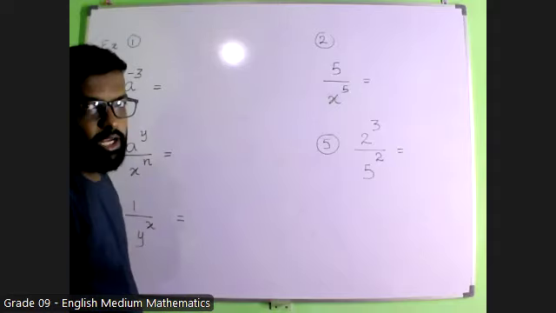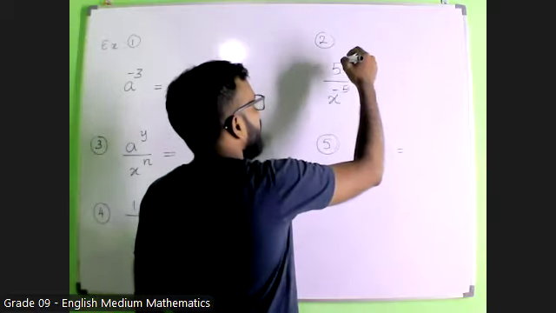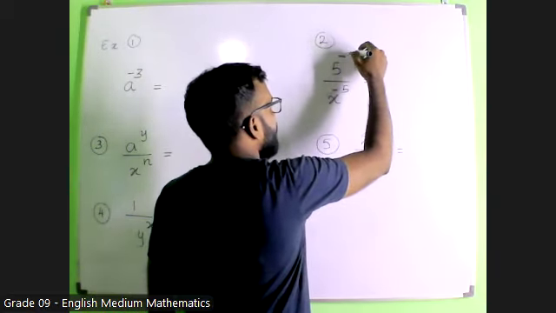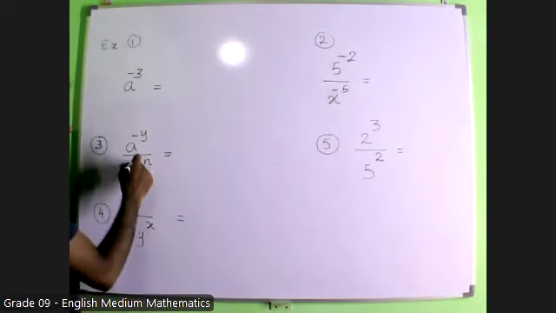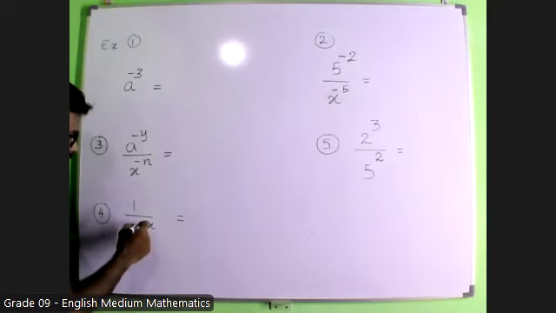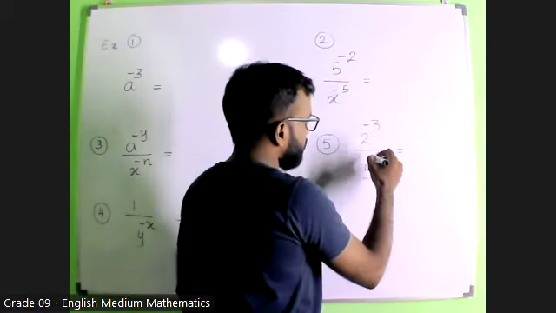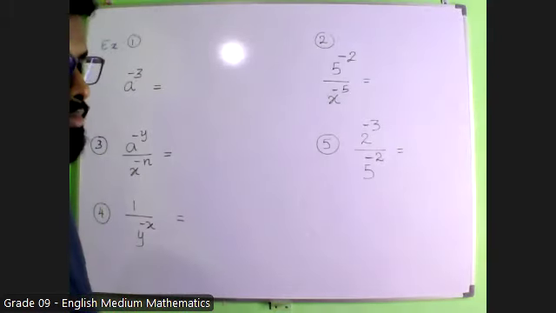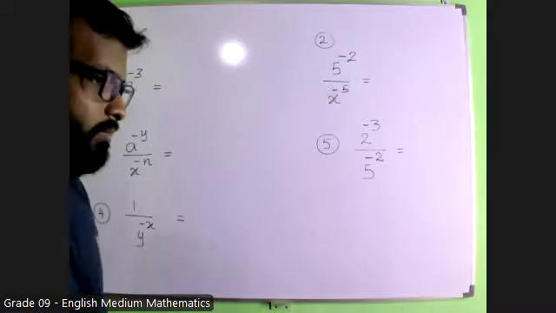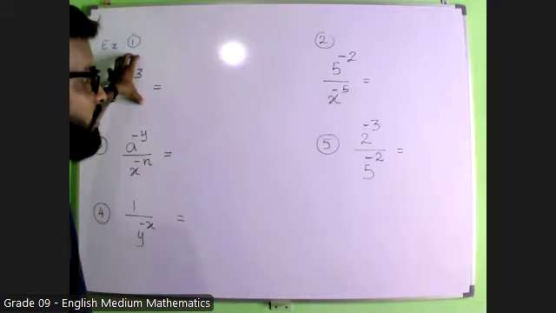This is a to the power negative 3, x to the power negative 5, 5 to the power negative 2, a to the power negative y, x to the power negative n, y to the power negative x. We need to take the reciprocal like the previous one. Look at the board. I will do the first one and second.